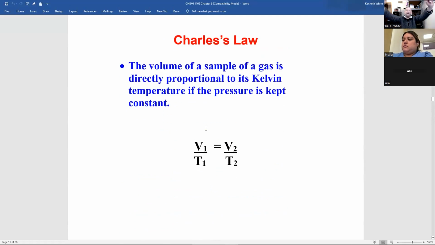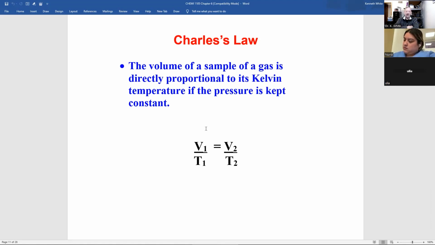Now, listen carefully. Click. The switch is off for Charles' law. And Charles' law is similar to Boyle's law in the sense it deals with gases. Here, the volume of a sample of gas is directly proportional to its Kelvin temperature if the pressure is kept constant.